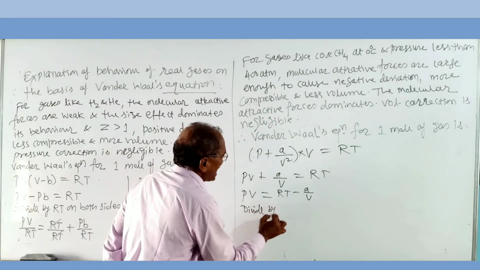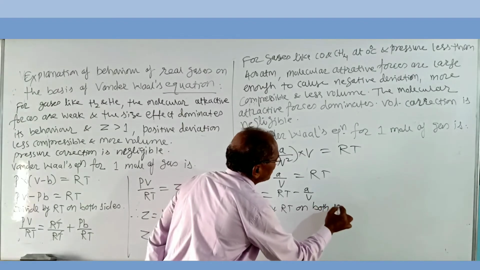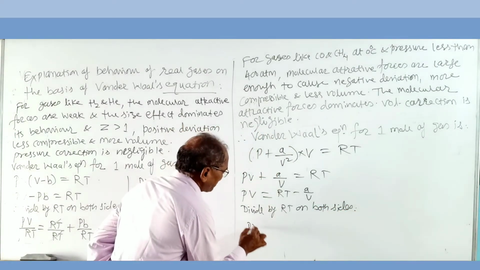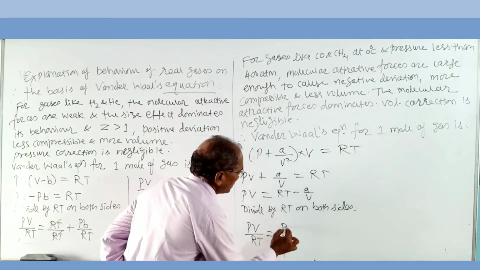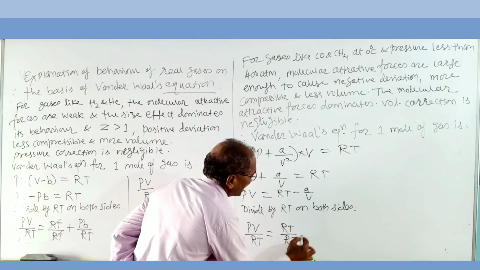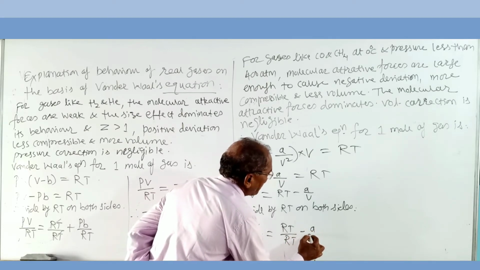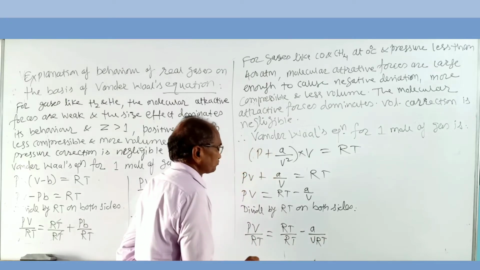Divide by RT on both sides of this equation. This equation becomes PV upon RT is equal to RT upon RT minus a upon VRT, right?